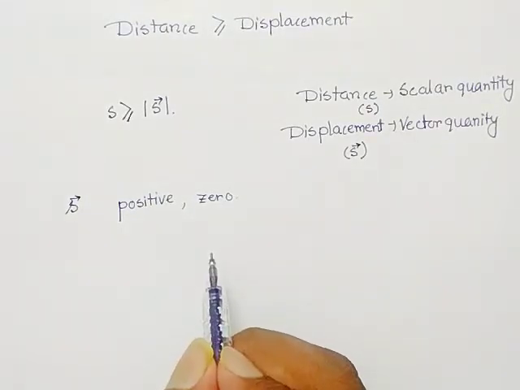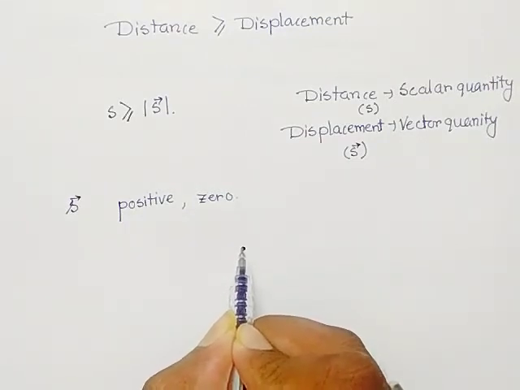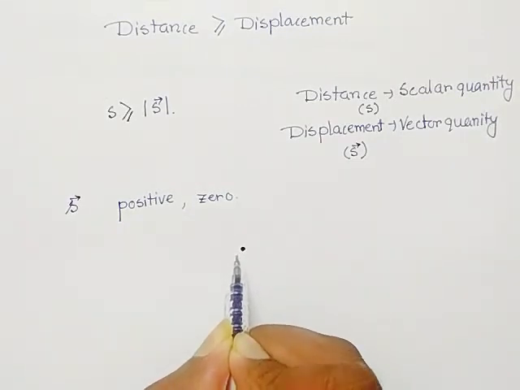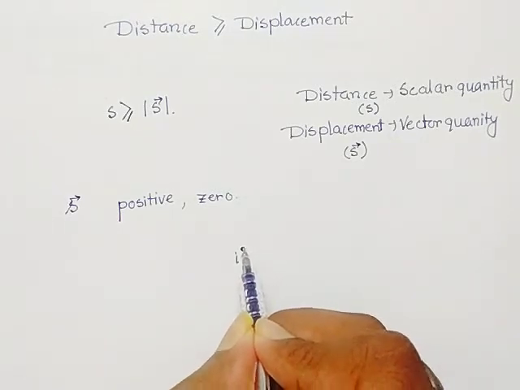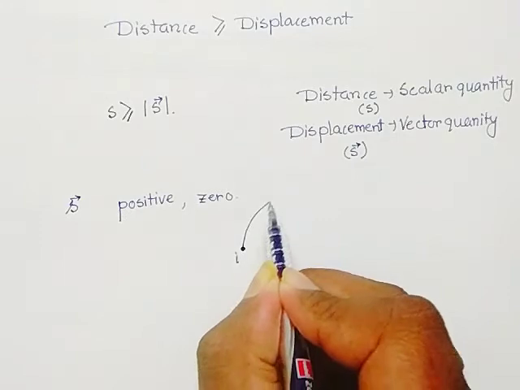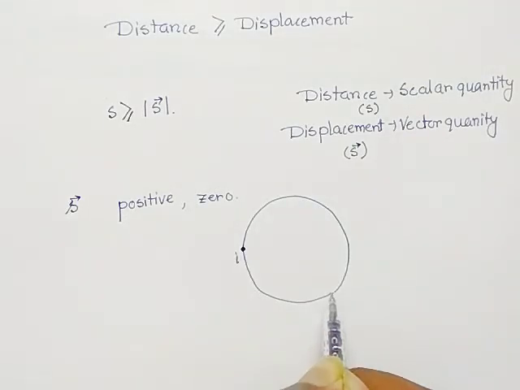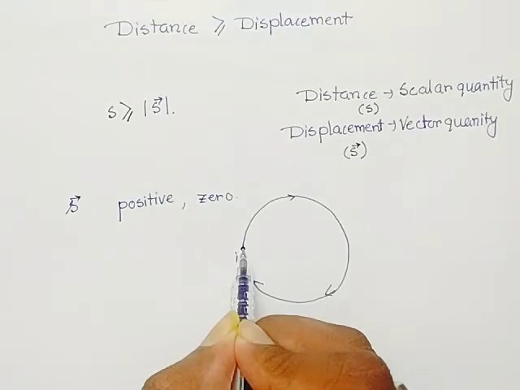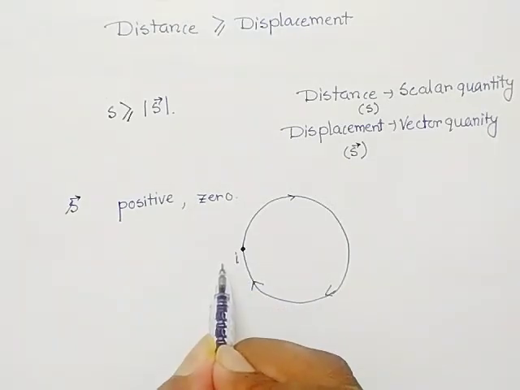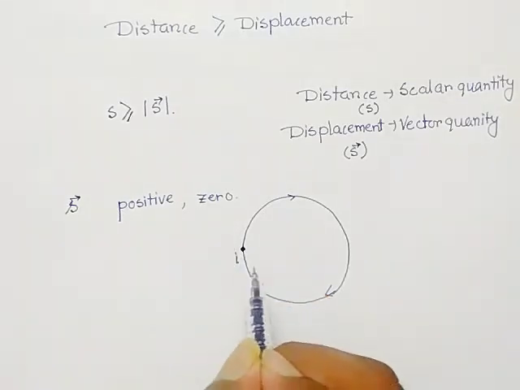Let us take an example to understand this. Let us consider it is the initial point. So, if I consider a circular trajectory, then after returning to the initial point, the s vector should be 0, because the initial point and the final point are the same.